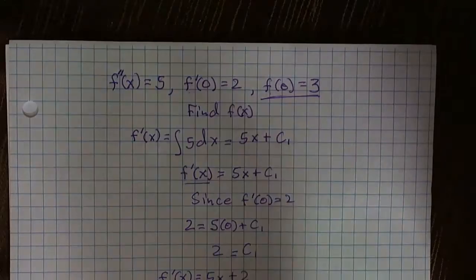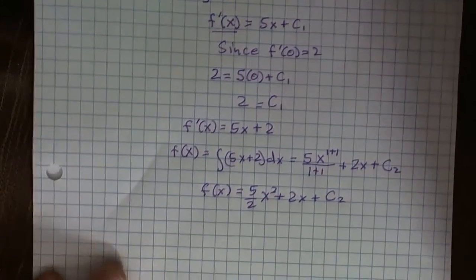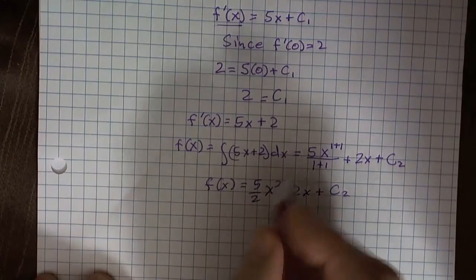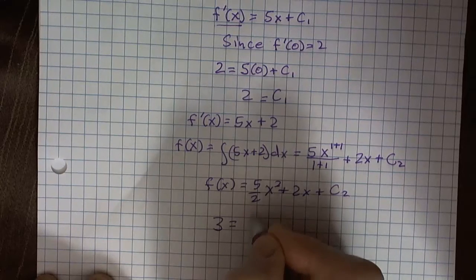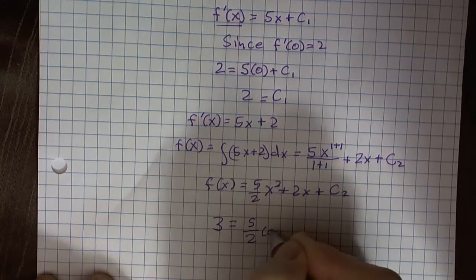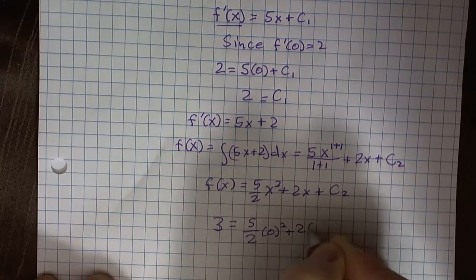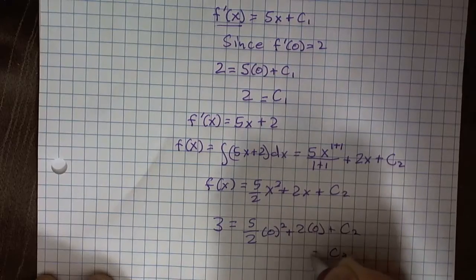Okay, so here's what we've got now. I put a 3 in place of the f of x, because that's f of 0, and then I've got 5/2 times 0 squared plus 2 times 0 plus c2, and that gives me c2 is equal to 3.